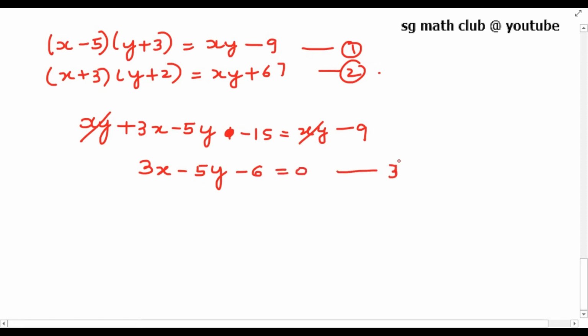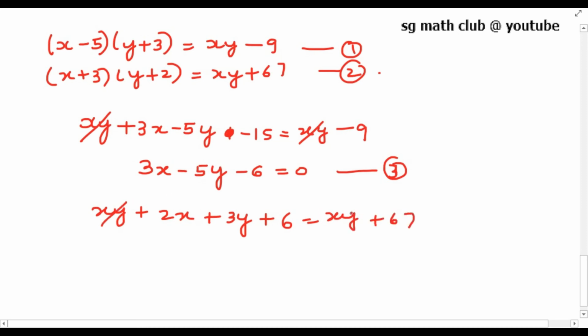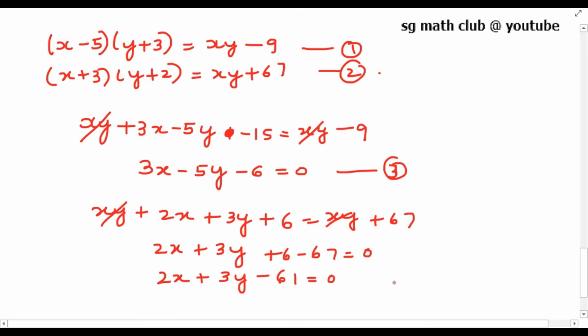This is our equation number 3. In the same way we solve the second one: xy plus 2x plus 3y plus 6 equal to xy plus 67. xy and xy get cancelled. We have 2x plus 3y plus 6 minus 67, which is minus 61, equal to 0. So 2x plus 3y minus 61 equal to 0. Let this be equation number 4.